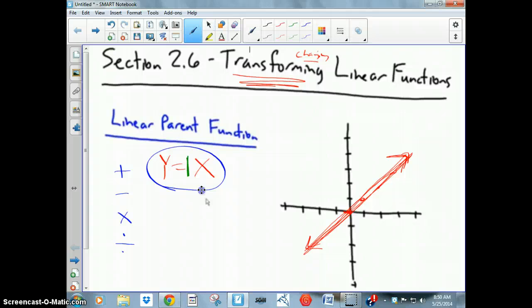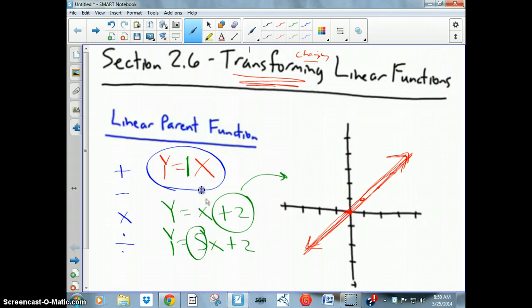So for instance, if I write y equals x plus 2, this plus 2 will have an effect on that graph. If I write y equals 5x plus 2, if I put a 5 here, that 5 will also affect the graph somehow. It will transform it.